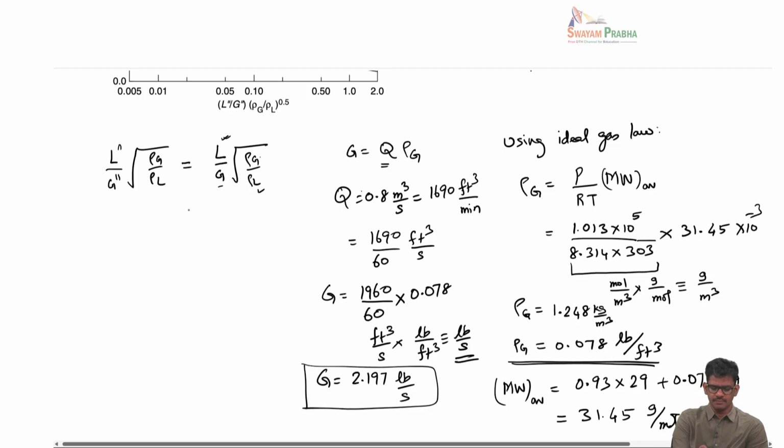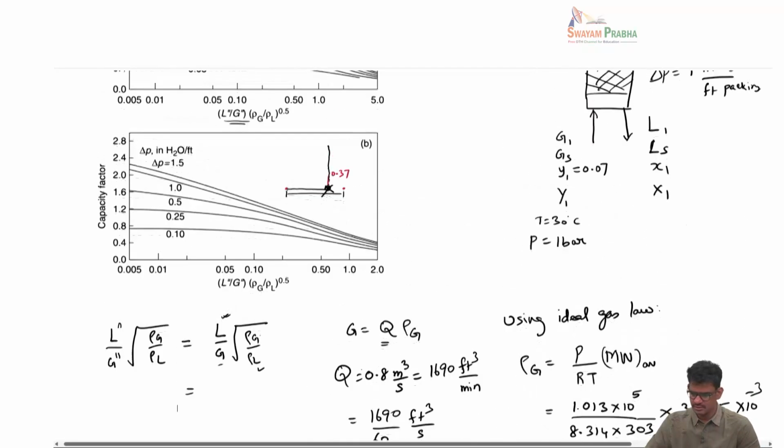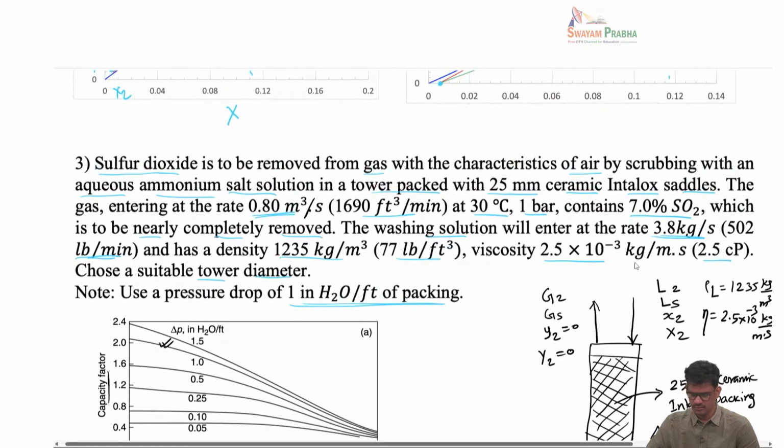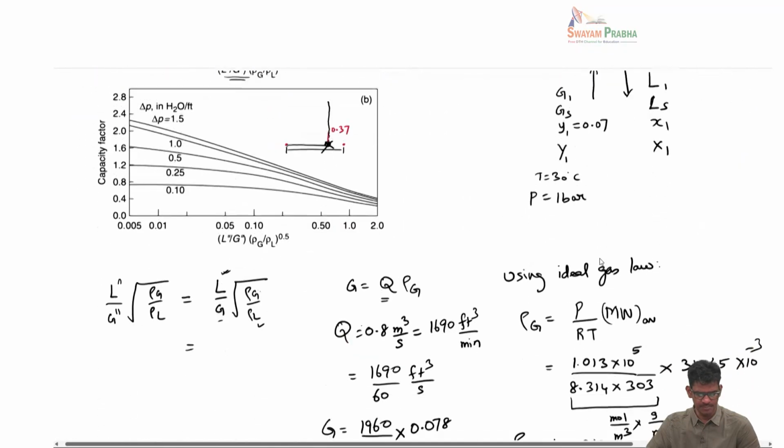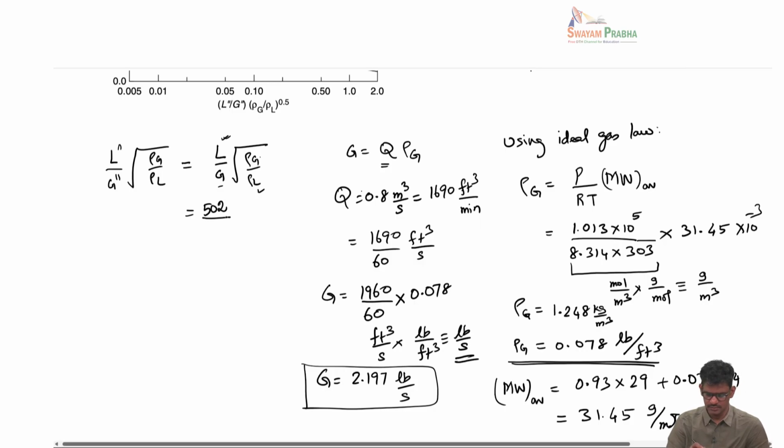So to calculate this factor, L by G times the square root of rho G by rho L, I now know all the parameters. Rho G is known, G is known, and L is known. L is 502 pound per minute, and I am converting that into per second because G is given per second.